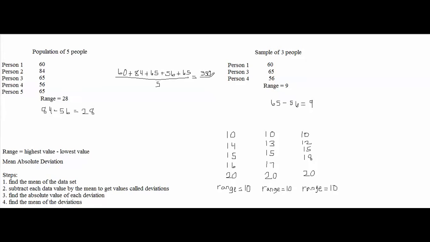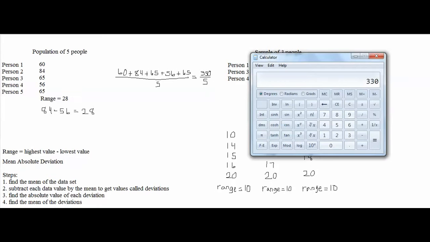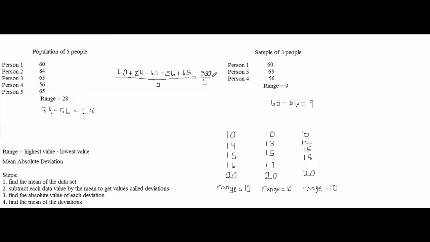And we have to divide by 5 since we have 5 numbers. And we get 66. So the mean of the entire population is 66.